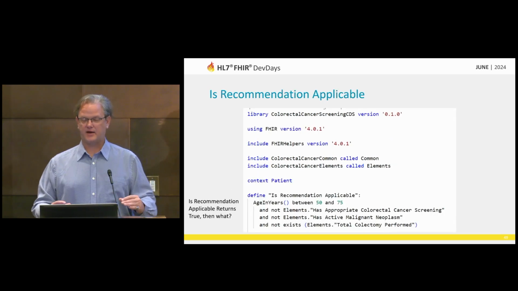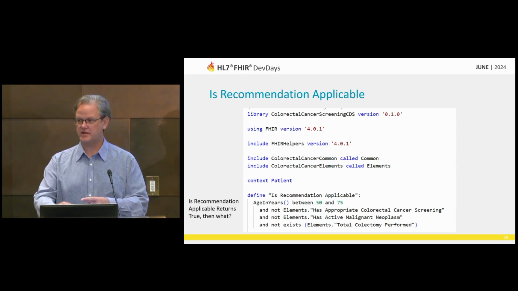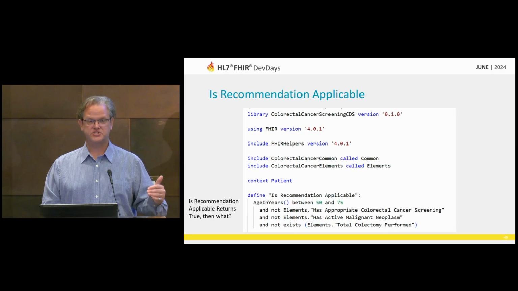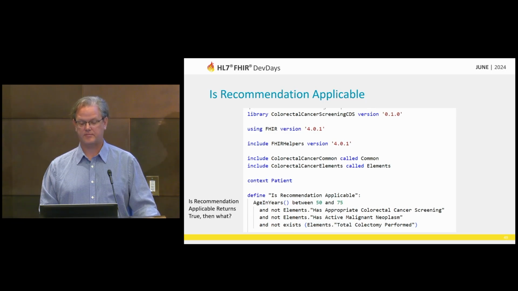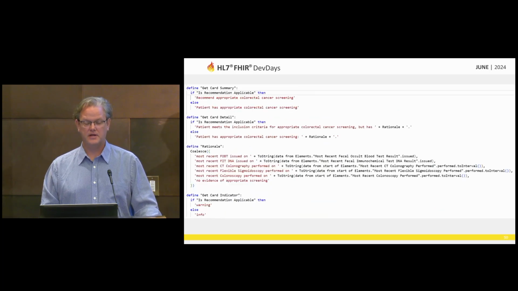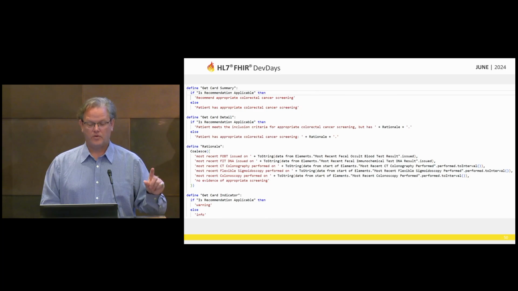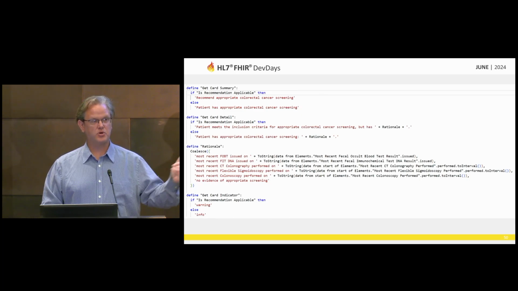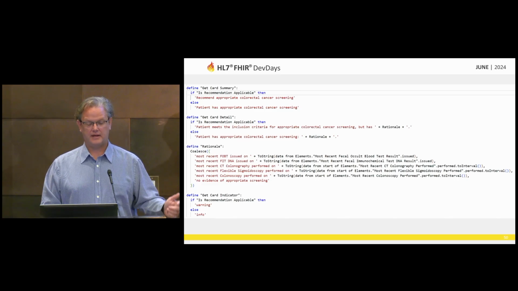Now we're going to pop back out. So we just evaluated that recommendation applicable. We're going to come back up. So is recommendation applicable returned true, let's say? Then what, right? What happens when we're popping back out? This is another eye test here. But what's happening is we're taking all of those components and getting the most recent one, and then using this coalesce operator.